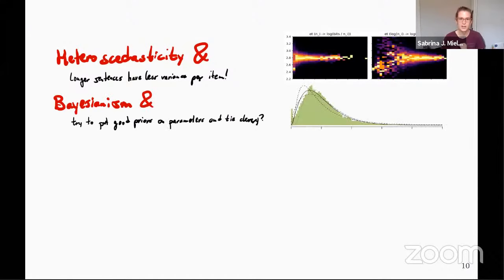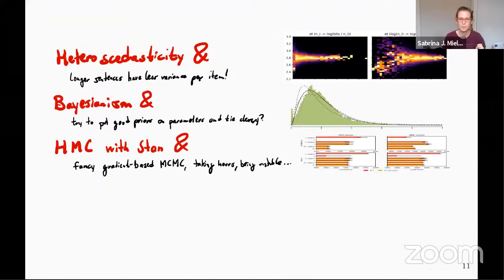Great. So we get heteroscedasticity, we get Bayesianism, and we can put good priors on things and do some checks and all that. Now, since this is a really crazy Bayesian model, it's not conjugate or any of that stuff. But we have these cool tools that can do Hamiltonian Monte Carlo, which is super fancy gradient-based MCMC, basically.